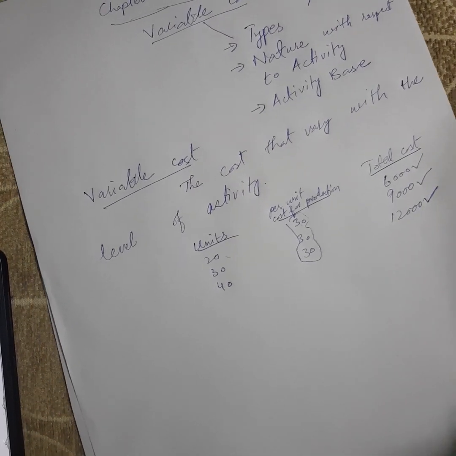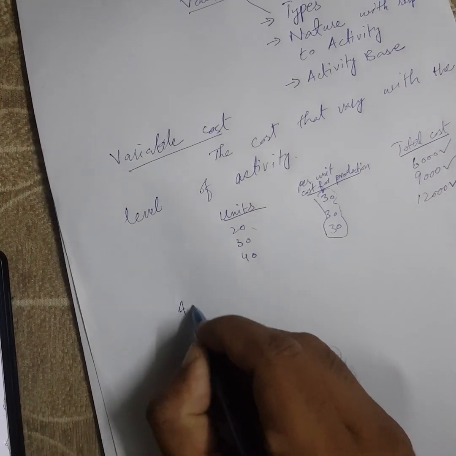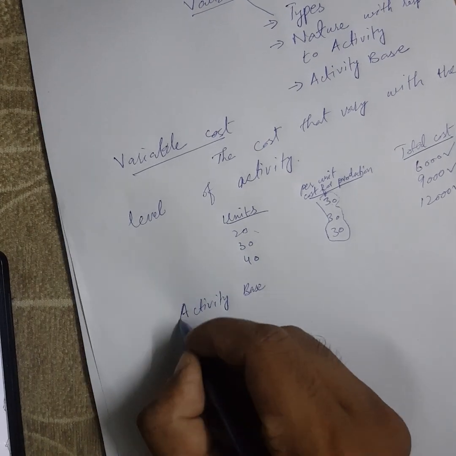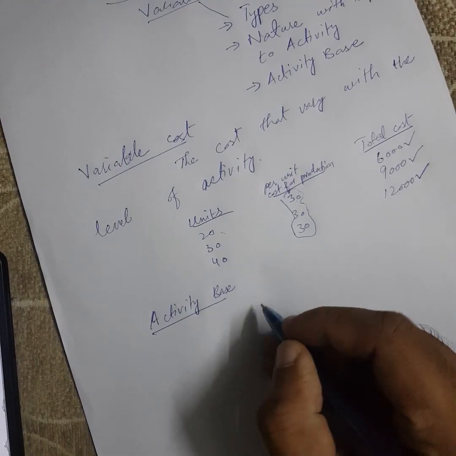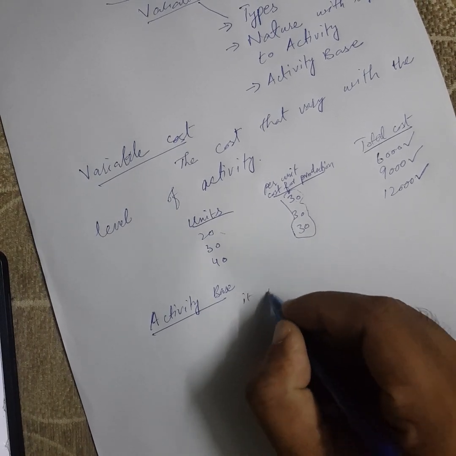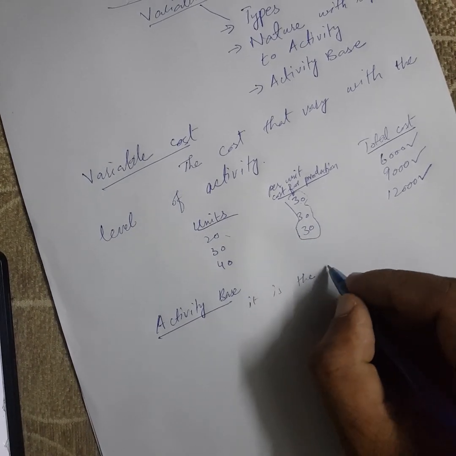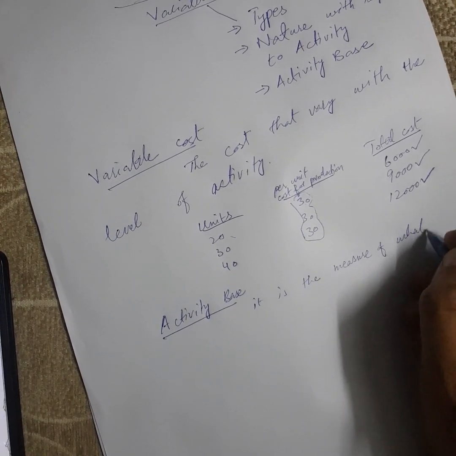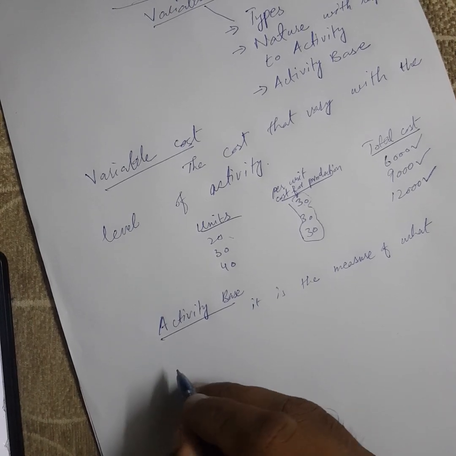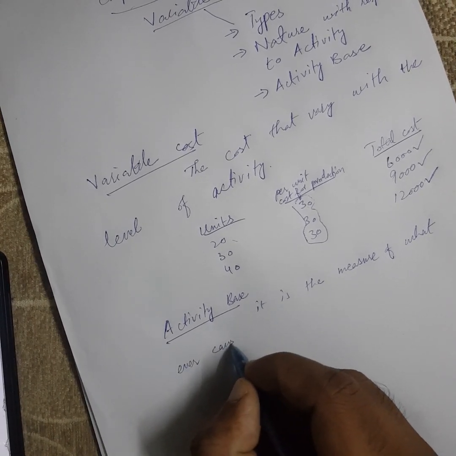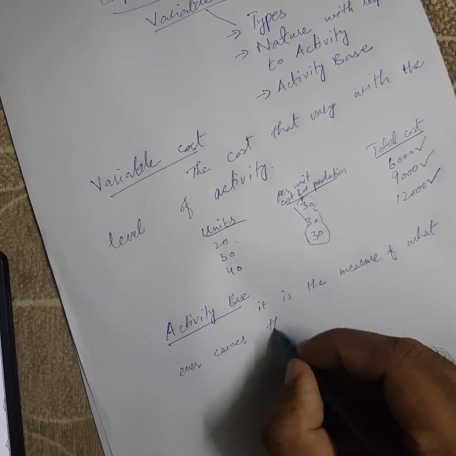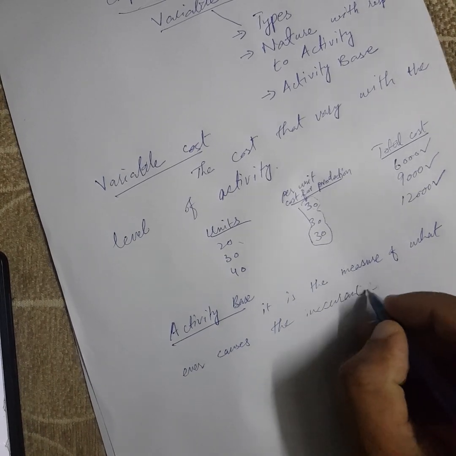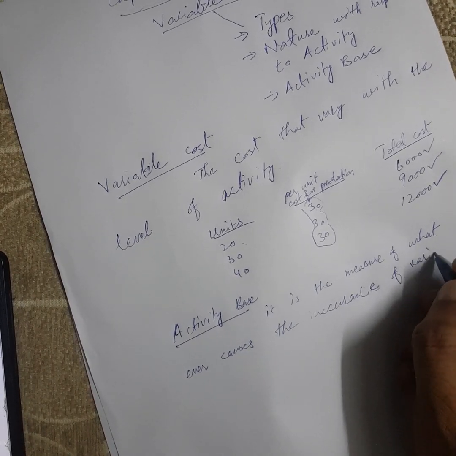Then comes activity base. It is the measure of whatever causes the increase of variable cost.